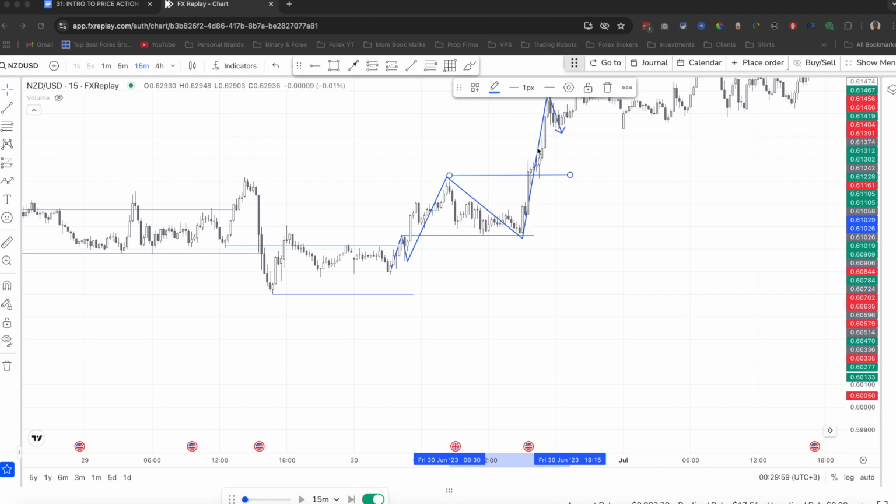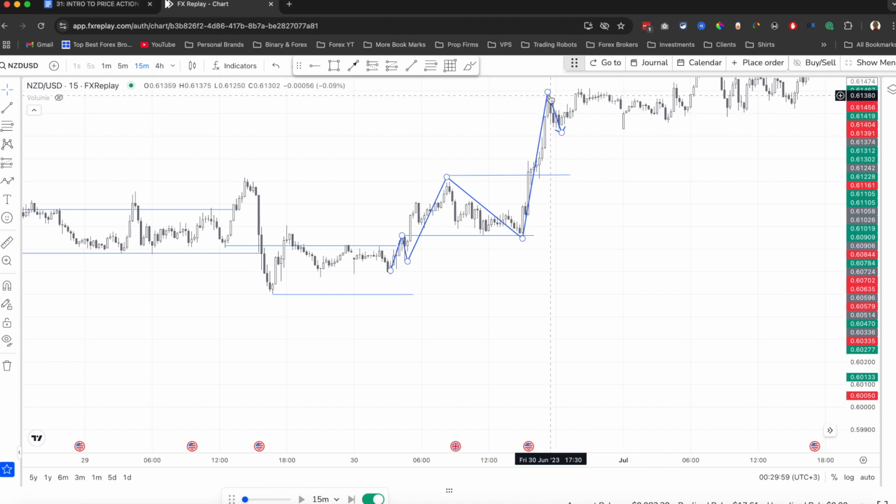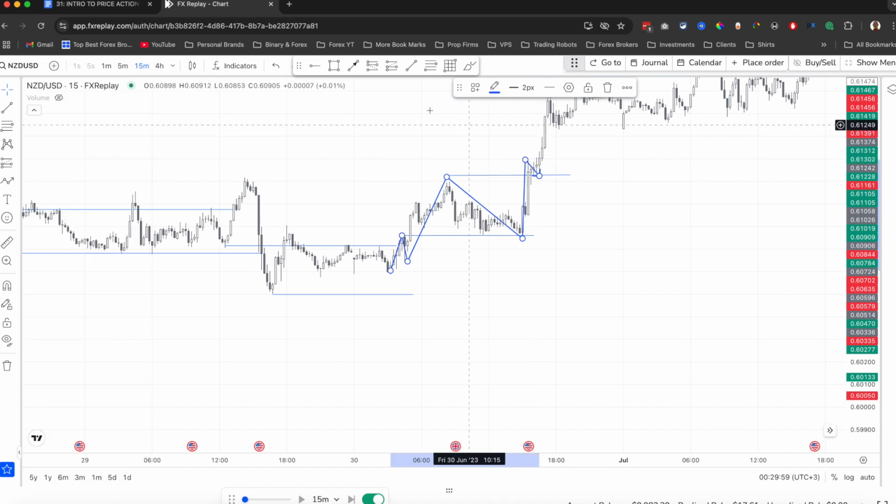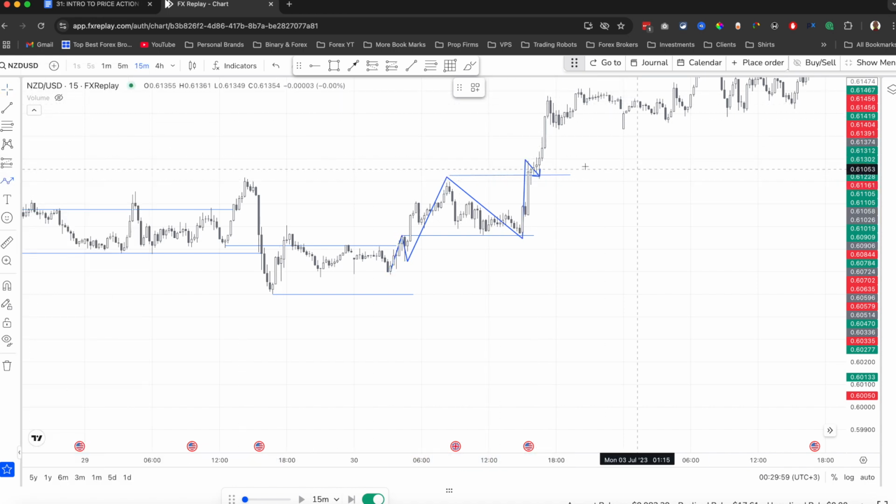There was some kind of a retest. Let me just take this one here, a retest, and then the price went up.